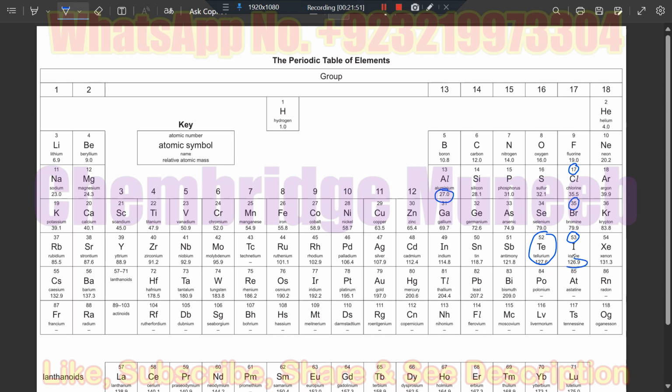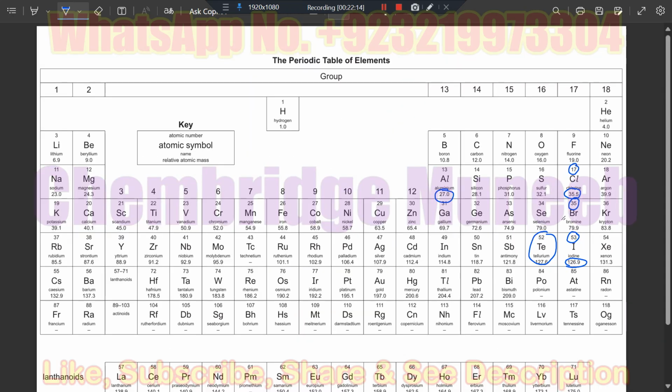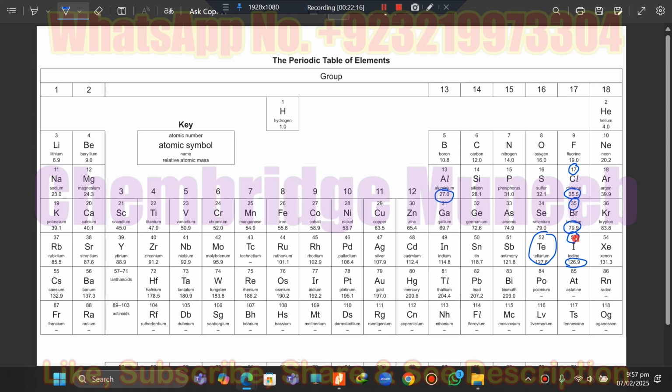Iodine has 126.9 and chlorine has 35.5. So 126.9 plus 35.5 is equal to 162.4 gram.